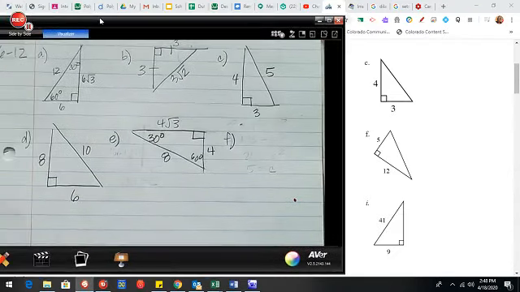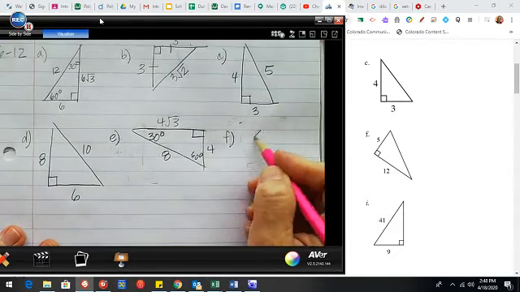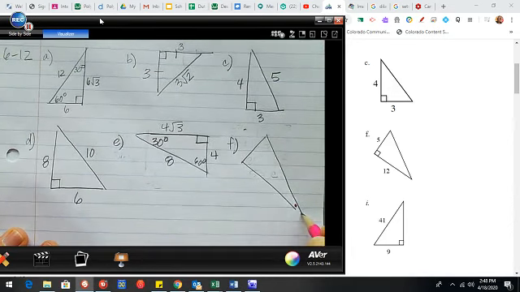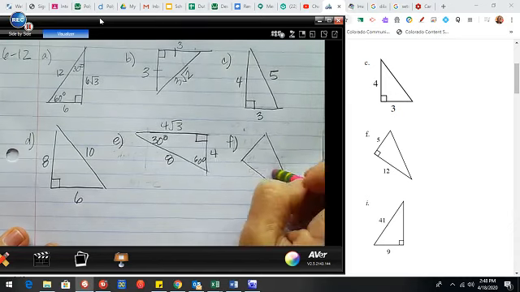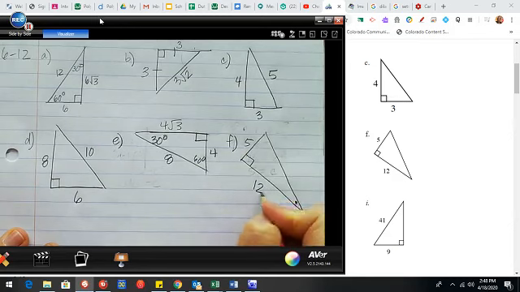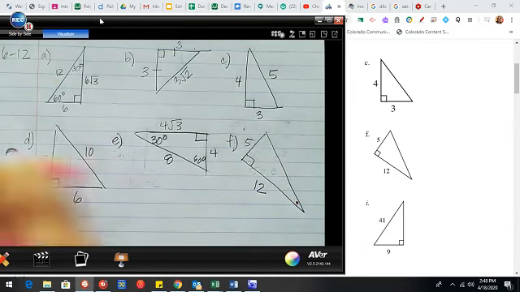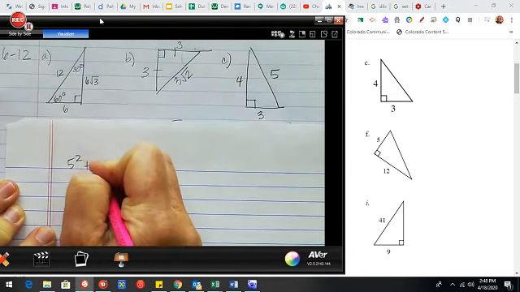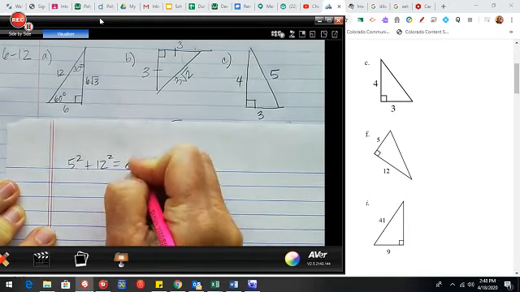Okay, part F, we've got a scalene right triangle, and we know that the 2 legs are 5 and 12. So if you want to fit this on the same sheet of paper, that's fine. I'm going to do it separately. 5 squared plus 12 squared equals c squared.